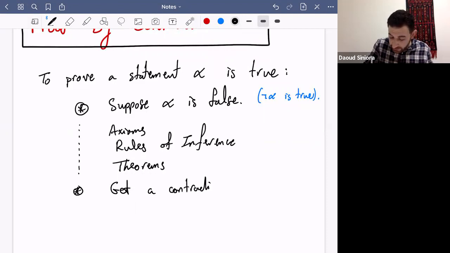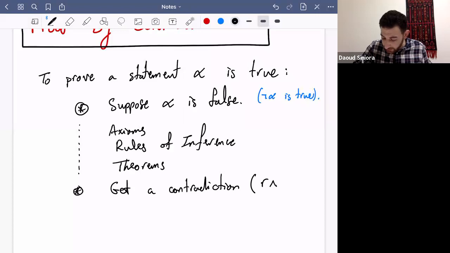And what is a contradiction? It's a statement which is always false. Recall that a contradiction is a statement which is always false. For example, one form of a contradiction is R and not R, where R is any statement. So if you get a statement and its negation, this means you got a contradiction.